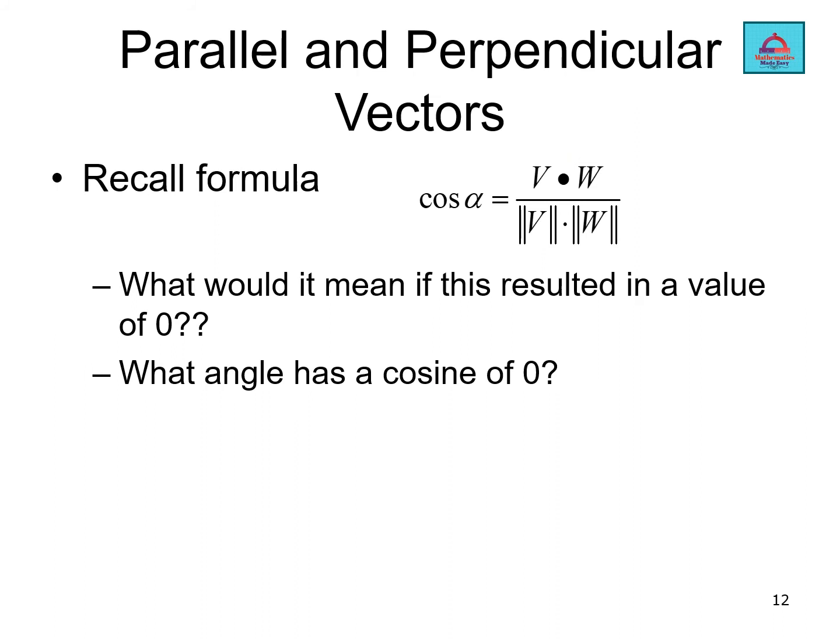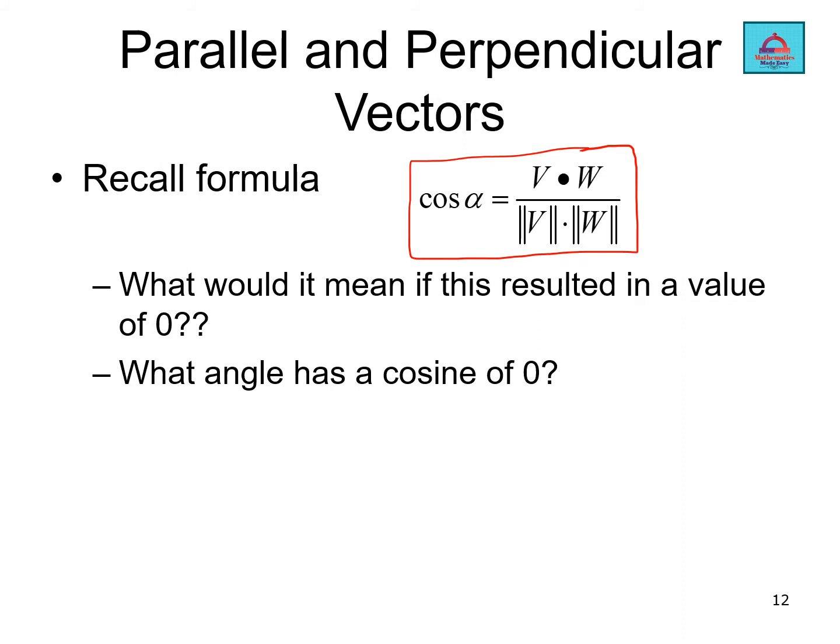Okay, so I want to talk here a little bit about parallel and perpendicular vectors. This is pretty important. So as you know, the formula for finding the angle in terms of cos of the angle, cos of theta or cos of alpha is this one. Now think a little bit what would happen and what would it mean if the angle comes out to be 0.